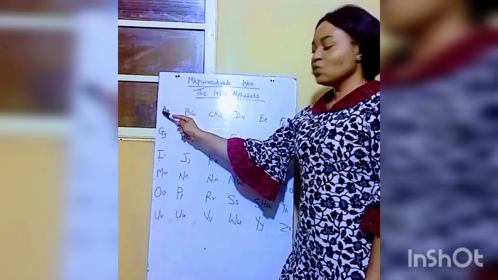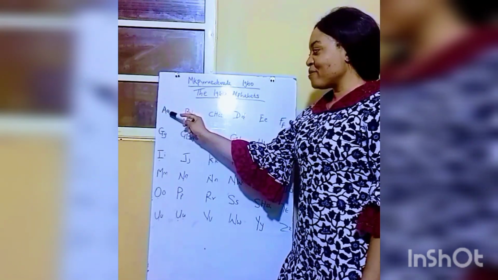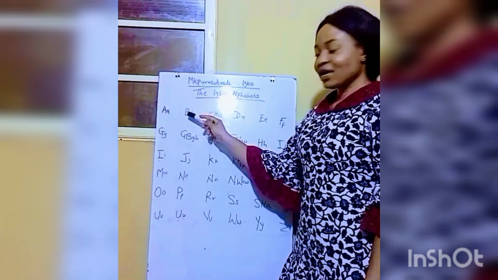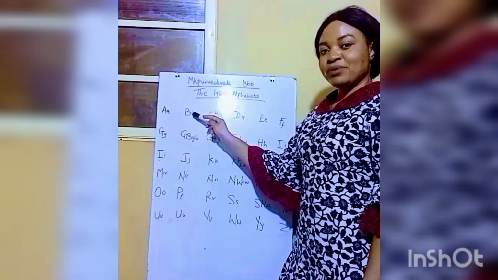This is nnukwu a, obere a, nnukwu b, obere b.